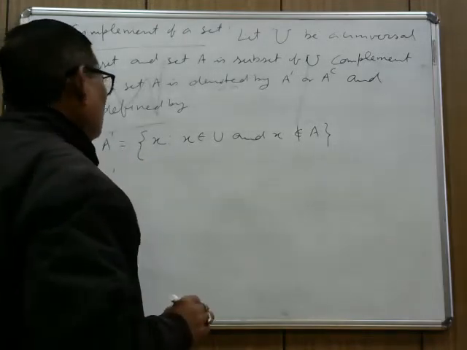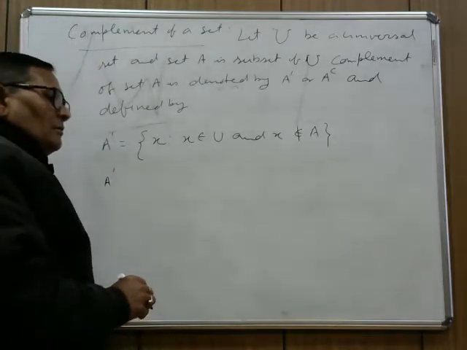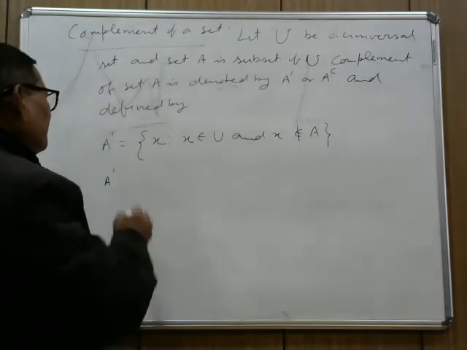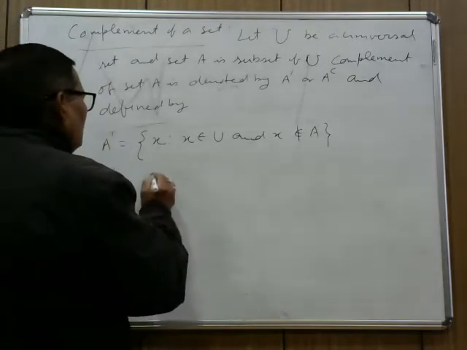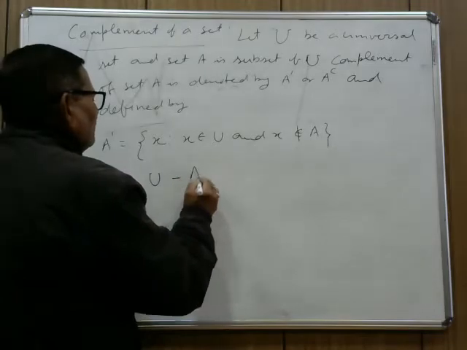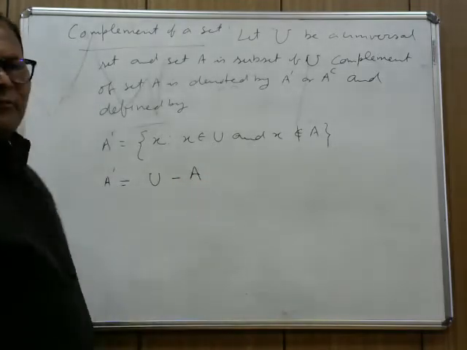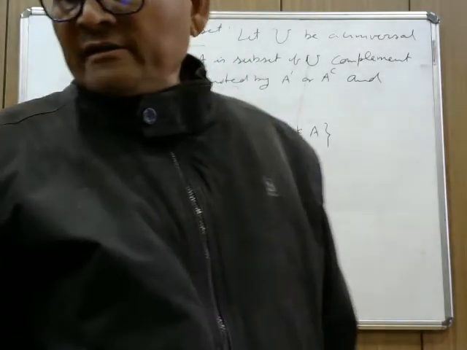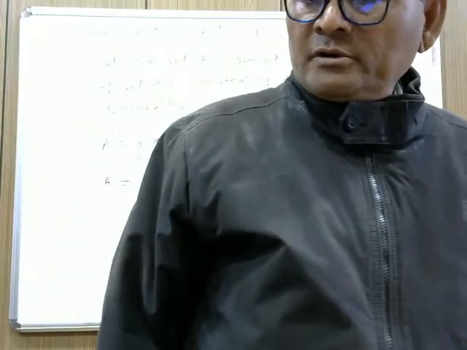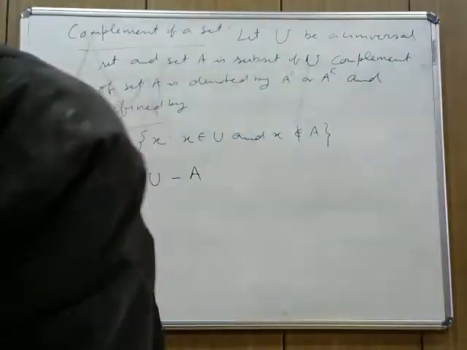You can define A complement in the sense of difference of sets as universal set minus set A. Means those members of the universal set which are not members of A are the members of A complement.